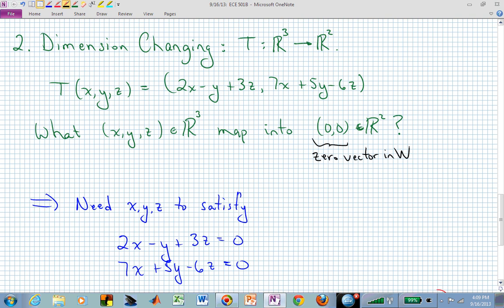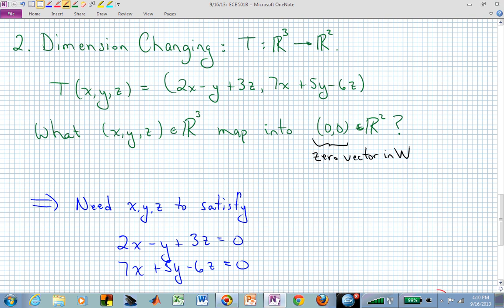And now what we want to do is find, are there non-trivial vectors in this three-dimensional space, with coordinates x, y, and z, that will actually map into the 0 vector in this two-dimensional space. That means really that we're looking to see simultaneously, can we find x, y, and z that satisfy 2x minus y plus 3z, and at the same time 7x plus 5y minus 6z equal to 0.